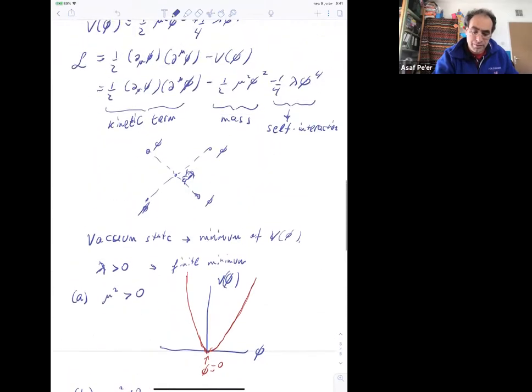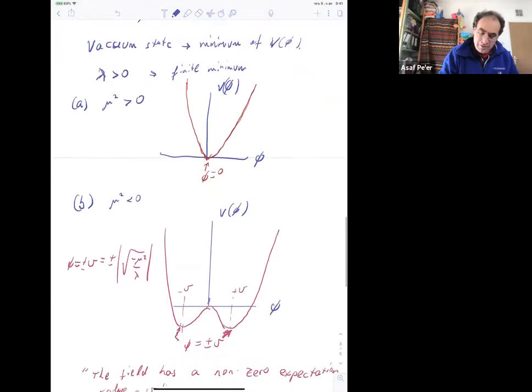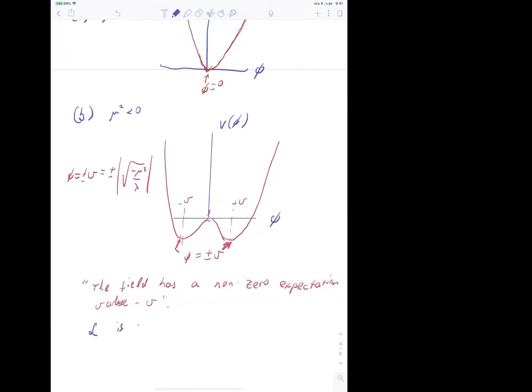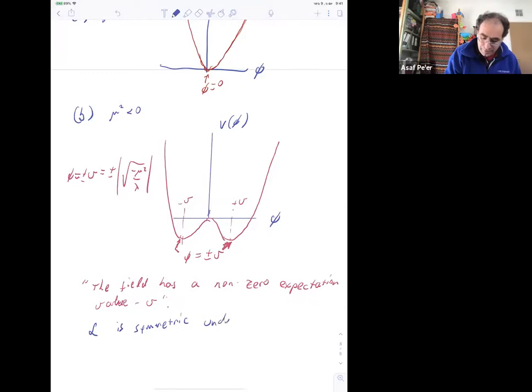The Lagrangian is symmetric under exchange of phi to minus phi. But physically, the vacuum state can be only in one of the two possibilities. Either it's in a plus or in a minus.